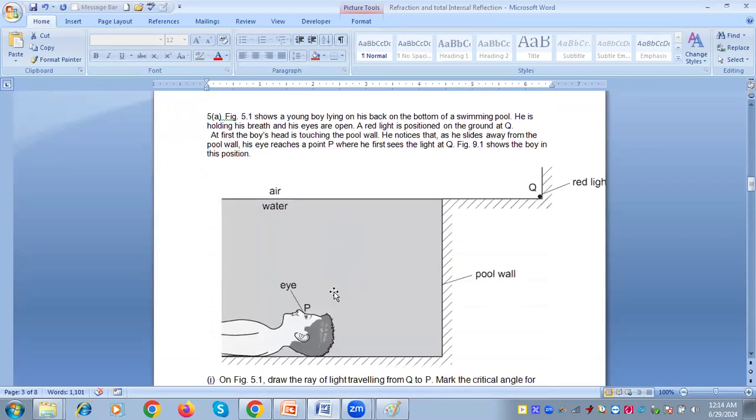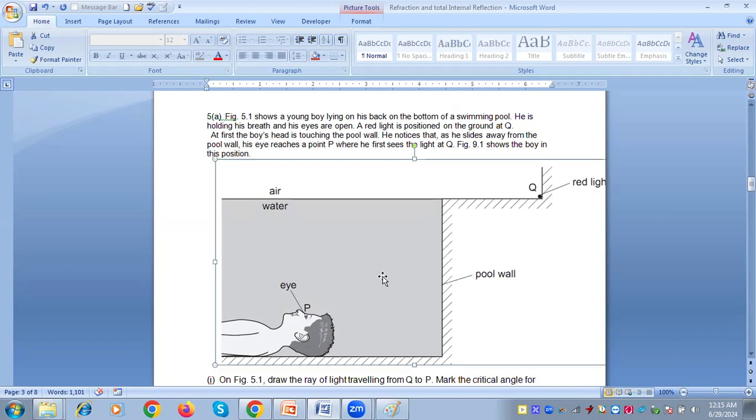Now, the question here: figure 5.1 shows a young boy lying on his back on the bottom of a swimming pool. He is holding his breath and his eyes are open. A red light is positioned on the ground at Q. The red light is shown here. At first, the boy's head is touching the pool wall.